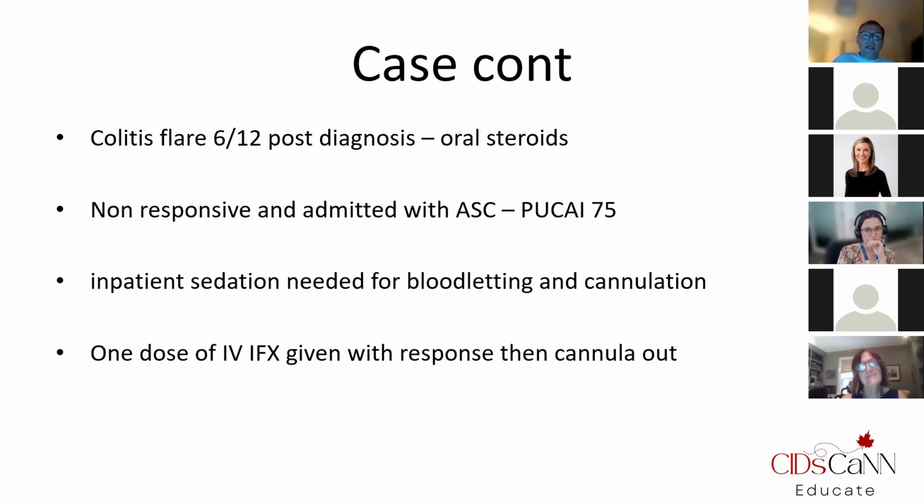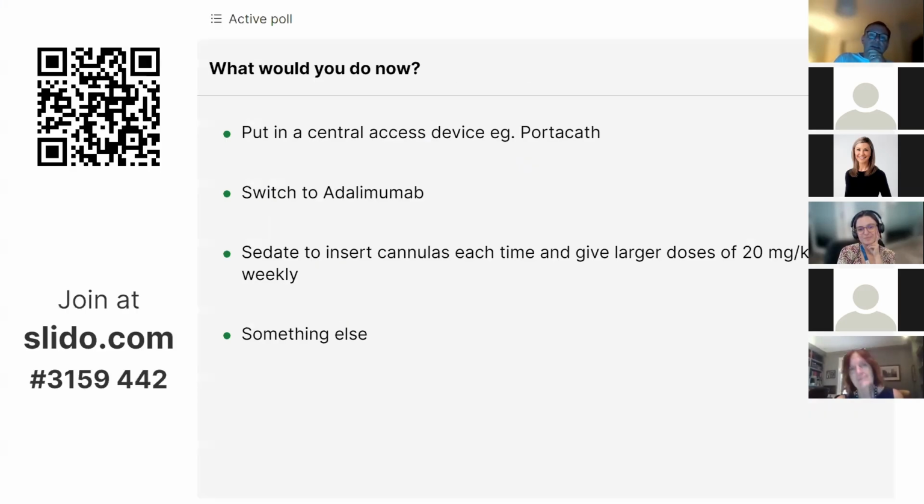He needed infliximab rescue. He had a few doses of IV steroids, didn't respond. And so he got 1 dose of infliximab, and then, of course, despite everybody trying to keep his cannula in, it came out. Next slide.